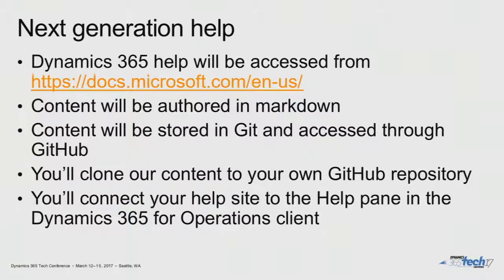We will also give you, if you're an existing Dynamics partner, the ability to take AX 2012 formatted help. We will provide tools for migrating that into Markdown. You will need to connect your help site to the help pane in the client. You will need to do an extension. It will require development work, at least in the first phase, as we go live with partner and customer custom help.